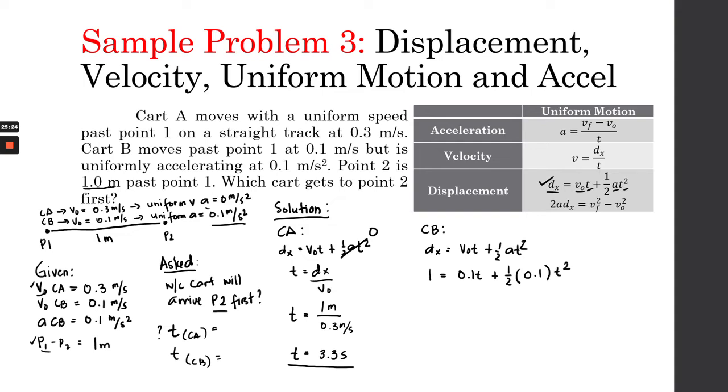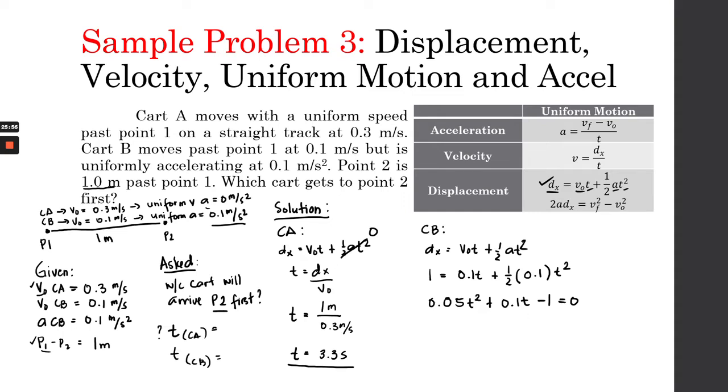So rearranging that, 1/2 of 0.1 is 0.05. So 0.05 t squared plus 0.1 t minus 1 is equal to 0. So from here on out, as you can see, this is actually not a perfect square.